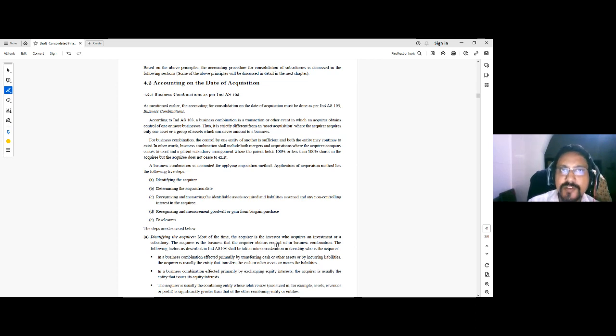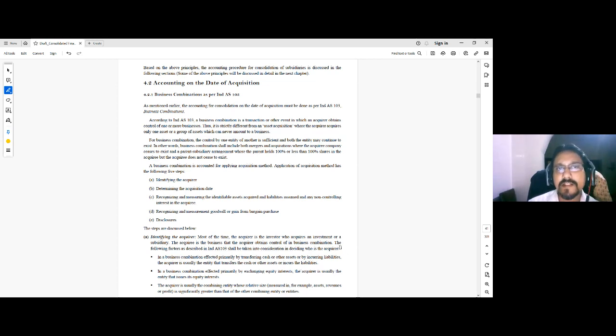Now, this preparation of consolidated financial statements on the date of acquisition is guided not by Ind AS 110 but by Ind AS 103, that is, business combination.